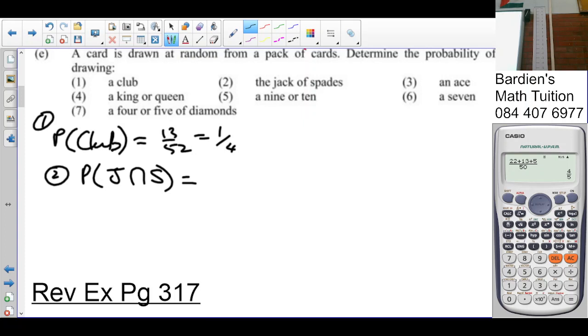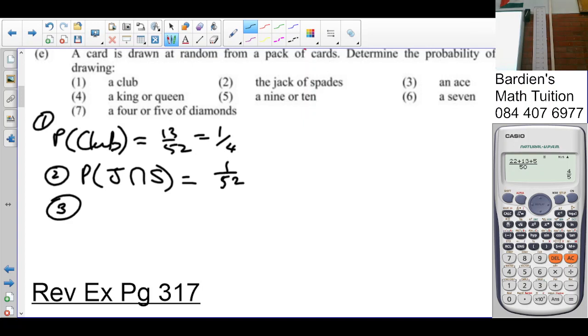How many spades are there in total? 13. But how many jack of spades are there? 1. And this is your intersection. So one is union, the other one is intersection. But we'll speak about this again, I think in grade 10. But just familiarize yourselves with the word. So it says jack of spades, so it's going to be 1 out of 52.